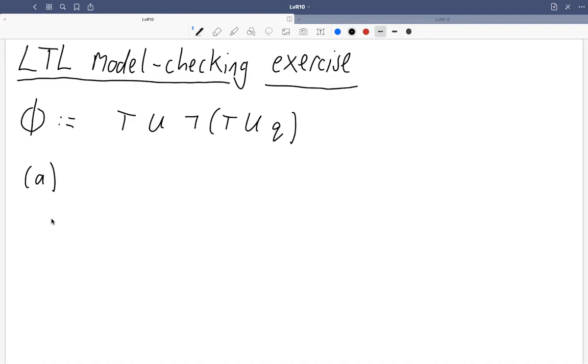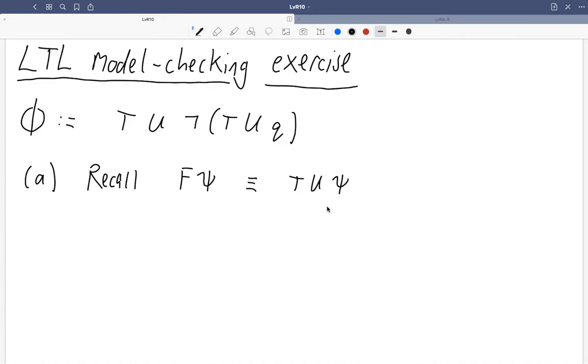So the way to do that, this is very straightforward because we recall that the formula F of any formula psi is equivalent to true until psi. Because F psi says eventually in the future psi will hold, and this says true holds, which of course it always does, until psi holds.